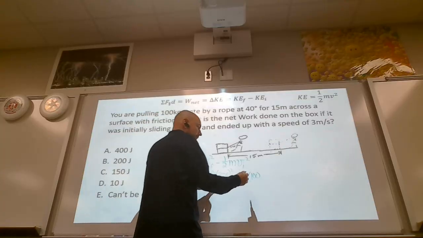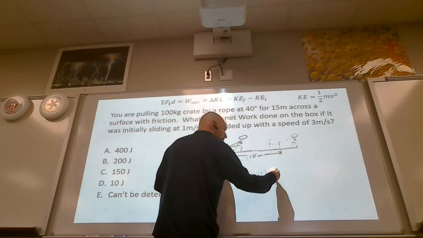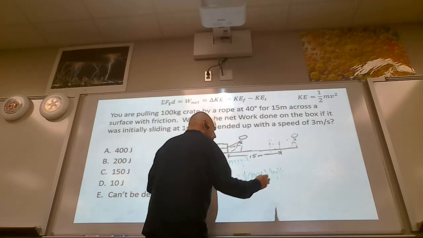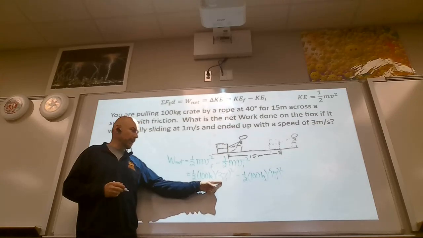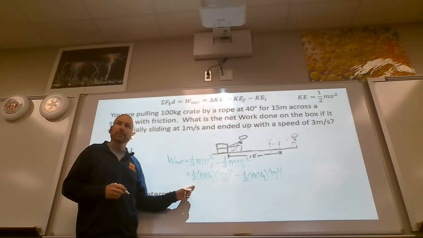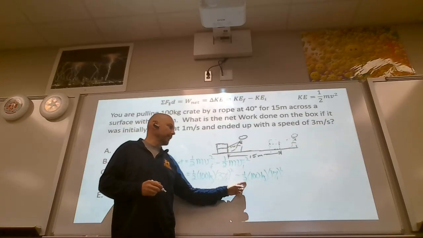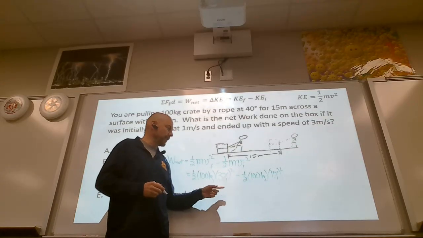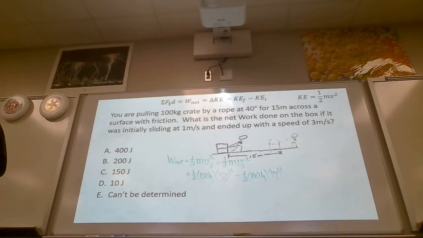You're going to square these, so 9 times 100 divided by 2, which is 450, minus 1 times 100 divided by 2, so 450 minus 50 gives you 400. Good? Learn some stuff?